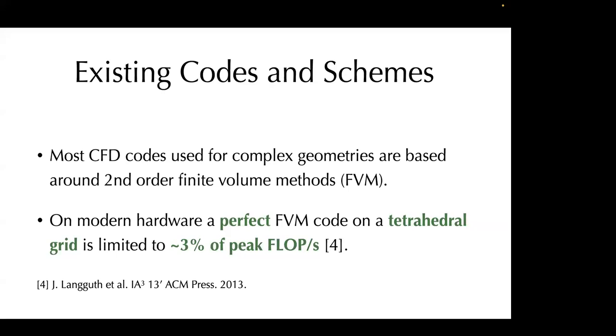Now, if you could actually implement a code that got 1.5% of peak flops, you'd be doing very, very well indeed. But the theoretical limit for these finite volume schemes is around 3% of peak flops. So clearly, the schemes we have today are not able to make efficient use of the kind of compute resources that we're getting access to.